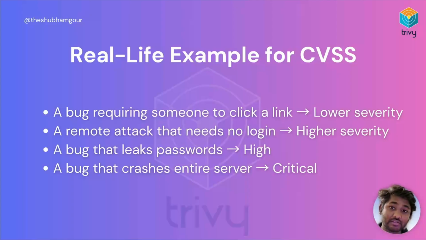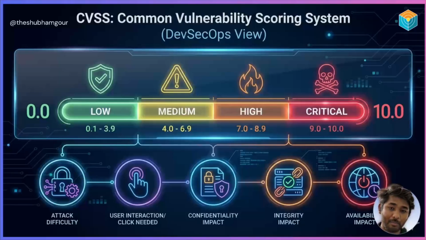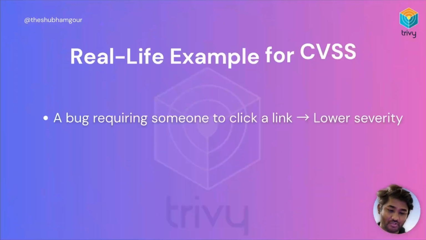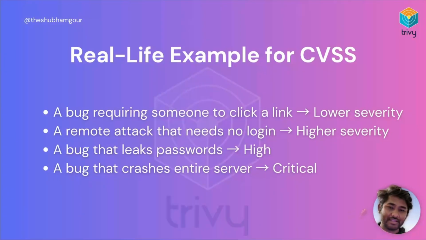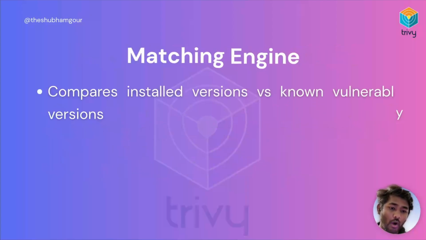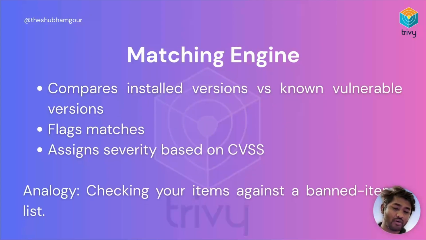And the last one, the critical one, a bug that crashes the entire server. This will fall under critical. Based on these examples, now you can understand on what basis the scoring is done, right? So we analyzed the data scan against the Trivy Vulnerability Database, and we understood how the CVSS pattern works and on what basis it gives the numbering.